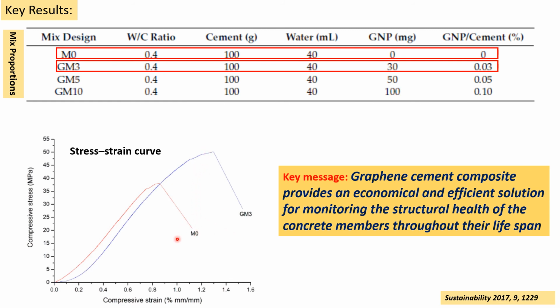M0 is the red curve, and blue is GM3, where they use a very minute dosage of 0.03 GNP in cement, and in M0 they used no graphene, as a control. And definitely you can see that adding 0.03% of GNPs is enough to improve the yield strength or extend this elastic region. That means you require a higher strain or force to break this composite.